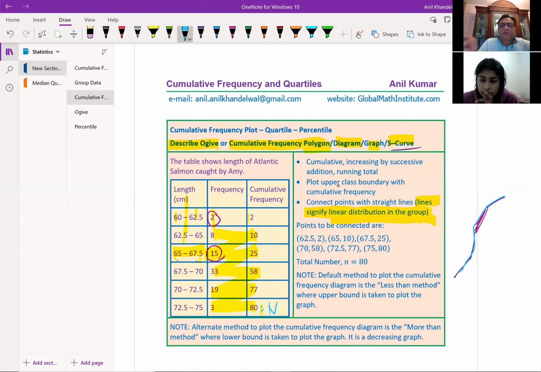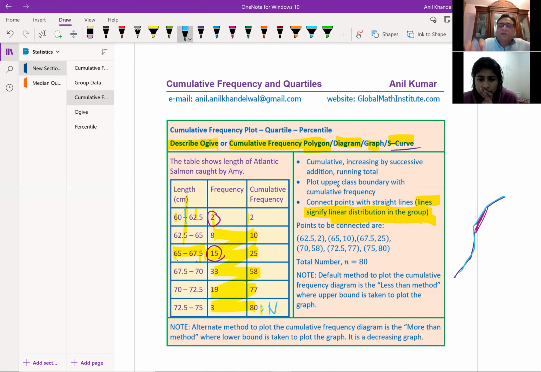Now, another thing, when we have to plot this diagram, we could do a couple of things. One of them is that we could consider all the two to be at the center point. We could do that, right?